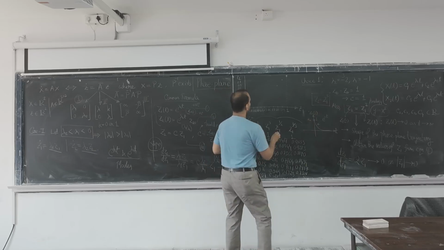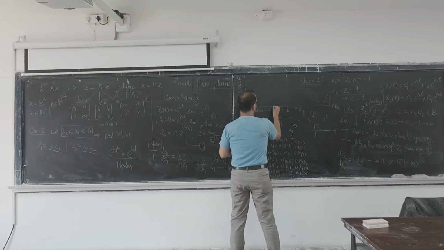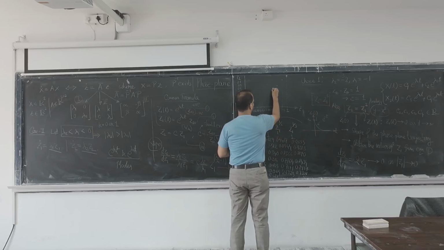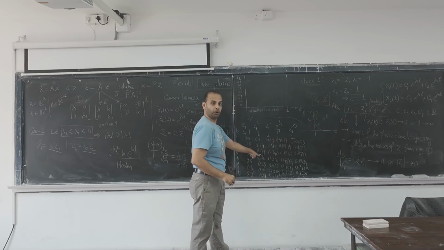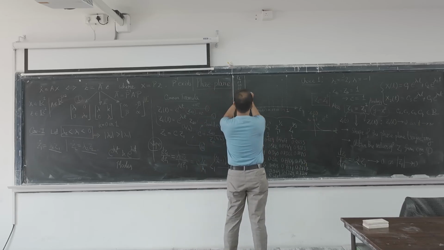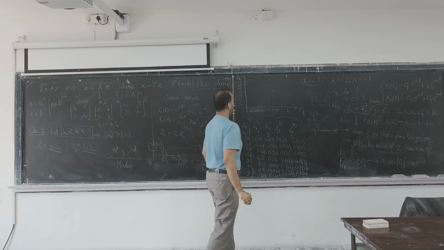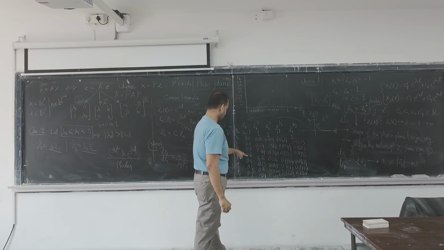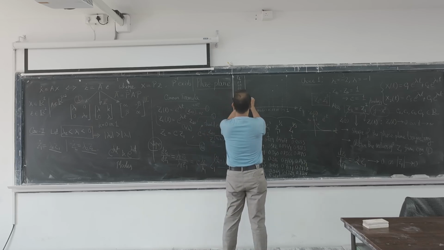Isn't it? Now for 0.7, 0.49. After that, for 0.6, it is 0.36.